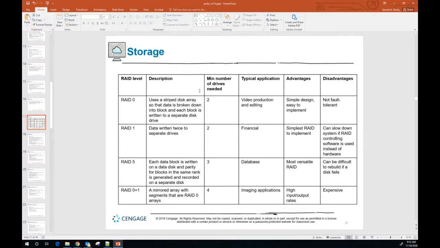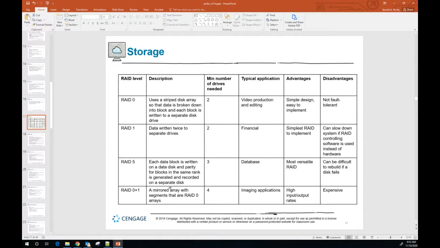In RAID 1, data is written twice to 2 separate drives, so it's making a copy as it's written. In RAID 5, each data block is written on a data disk, and parity for some blocks in the same rank is generated and recorded on a separate disk. RAID 0 plus 1 is a mirrored array with segments that are RAID 0 arrays.